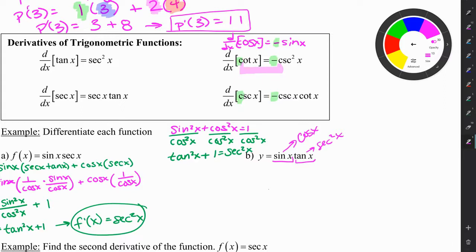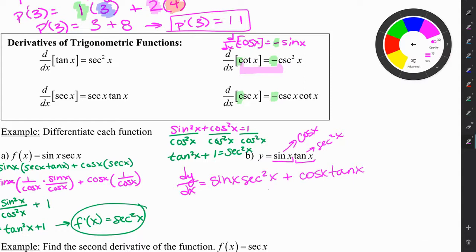So now when I go to do the product rule, the derivative, dy dx, is we keep the first one, take the derivative of the second, so multiply by secant squared x, plus now the derivative of the first one, and then we keep the second one.